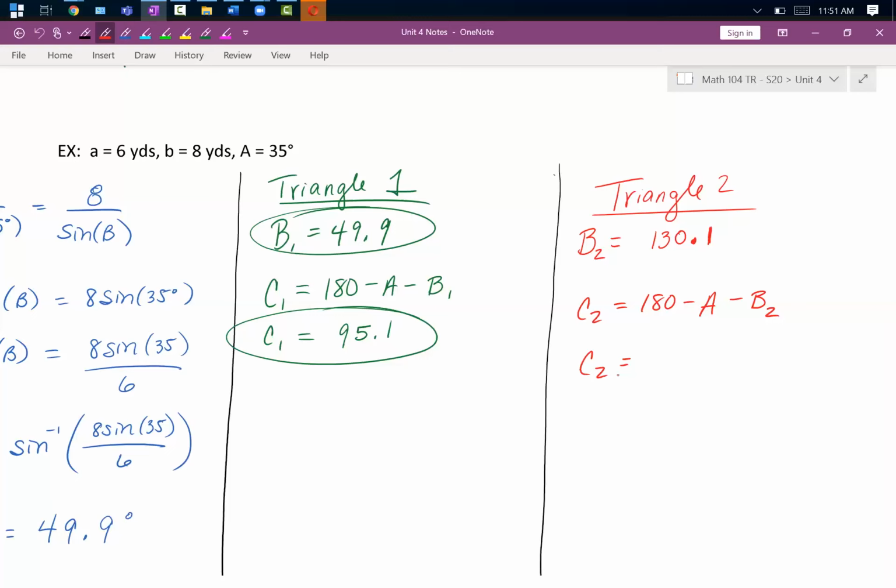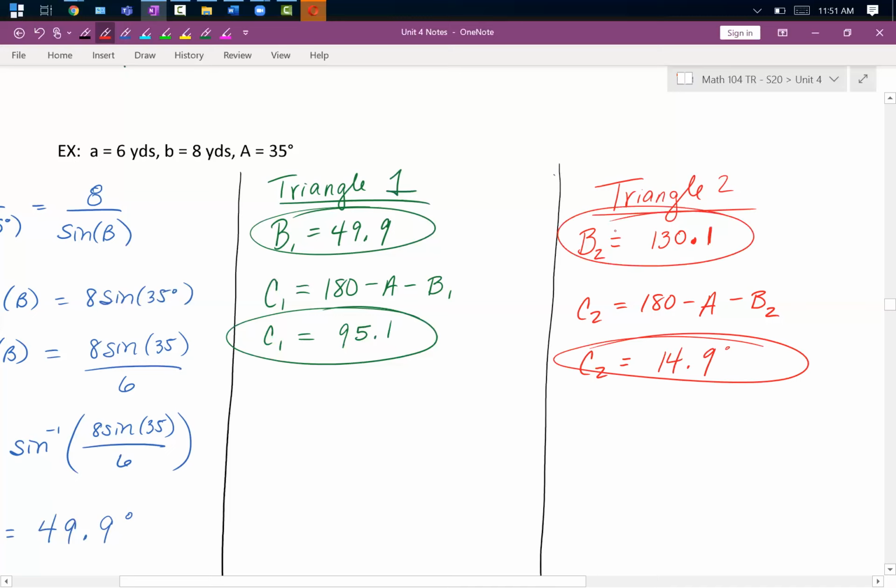I got 14.9. Anybody else get that? Since we got a positive number there, we know for sure there is a second triangle. So now we have to find our side C for both triangles.